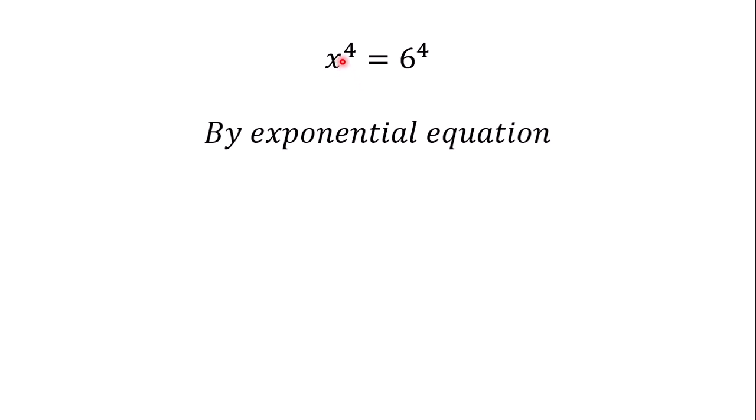Here we are having a power of 4, and here too we are also having a power of 4. Since the powers are the same, we assume the bases are also the same. Therefore, x is equal to 6. And when you check, you could see that is what you are going to get.